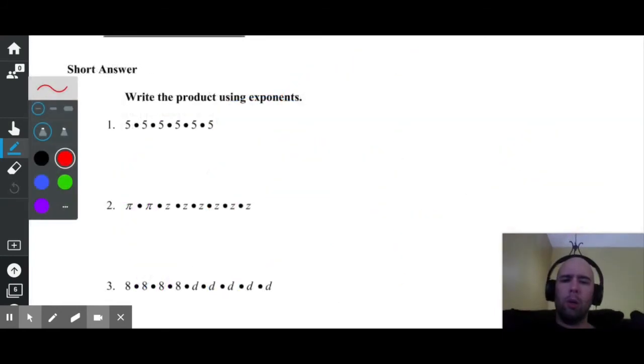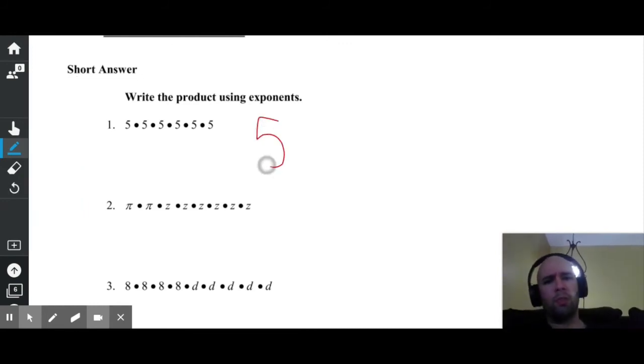All right, we got ourselves some friendly problems here on the second half of the packet. 5 times 5 times 5 times 5 times 5 times 5 is 6 of them, 5 to the 6th power. Pi times pi is 2 of them.